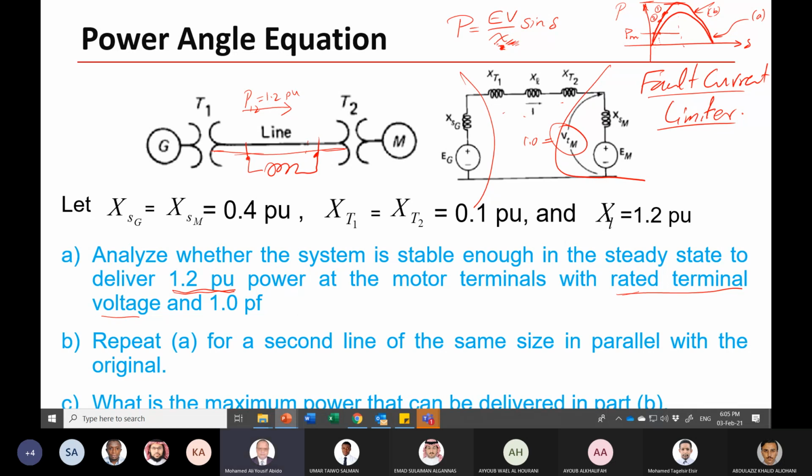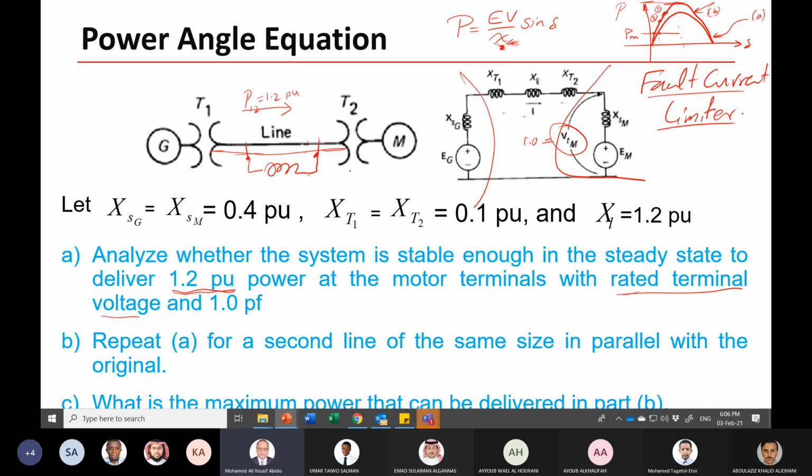You have electronic devices, like a transistor or MOSFET, that sense the current or the voltage, and during the fault the voltage is very low. It can be based on the voltage or the current. If we have high current or low voltage, we insert this impedance in the circuit to limit the fault current. But in normal operation, this is not in the circuit at all.